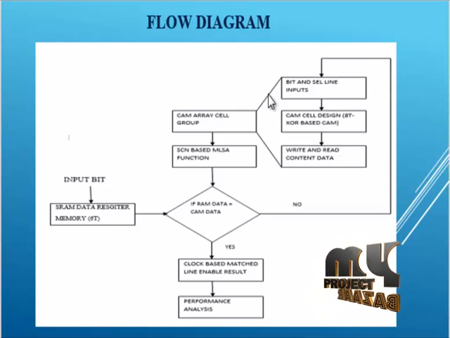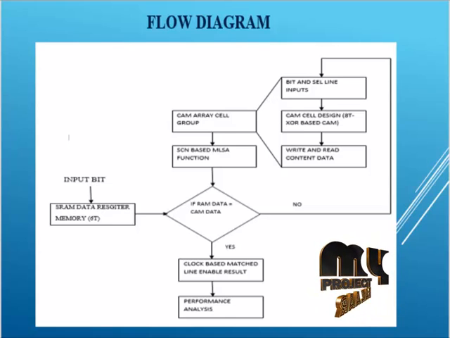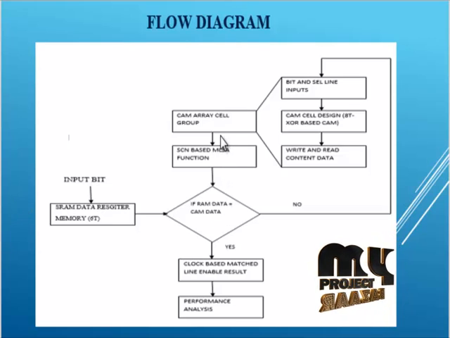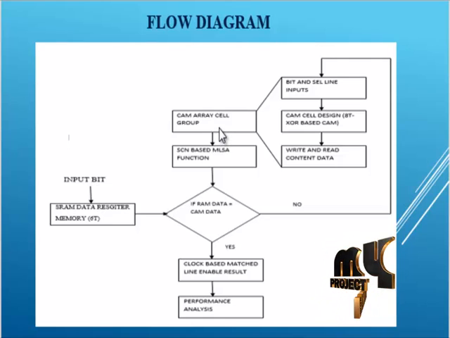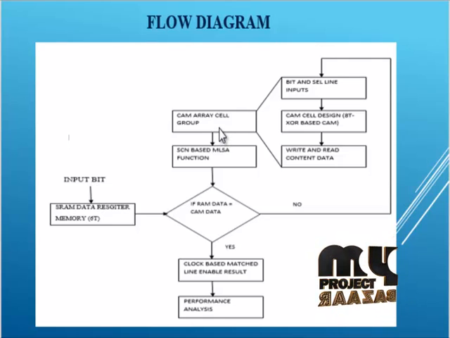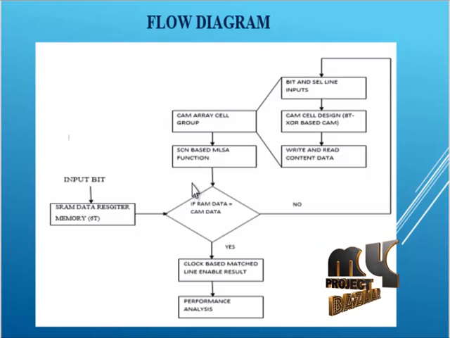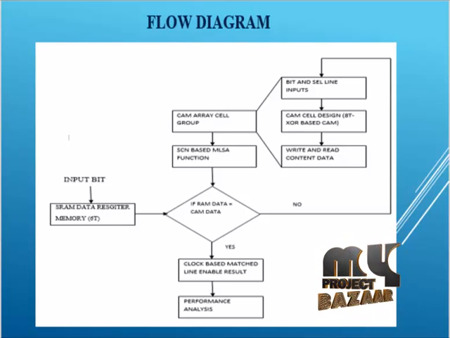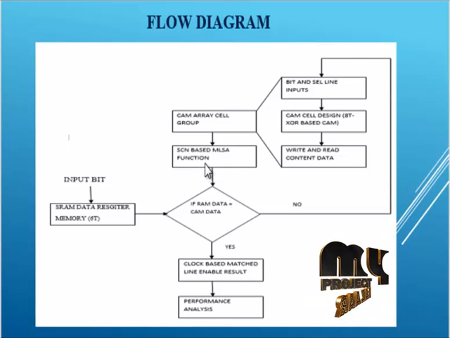After getting the scan based enable functions, this scan based enable process finds the CAM cell array result to apply the CAM data and RAM data. The XOR gate function matches the SRAM data after getting the CAM data and gives the inverted output to check all the row CAM data against the data register input data bit to activate the ML function process. With this process we get the output.